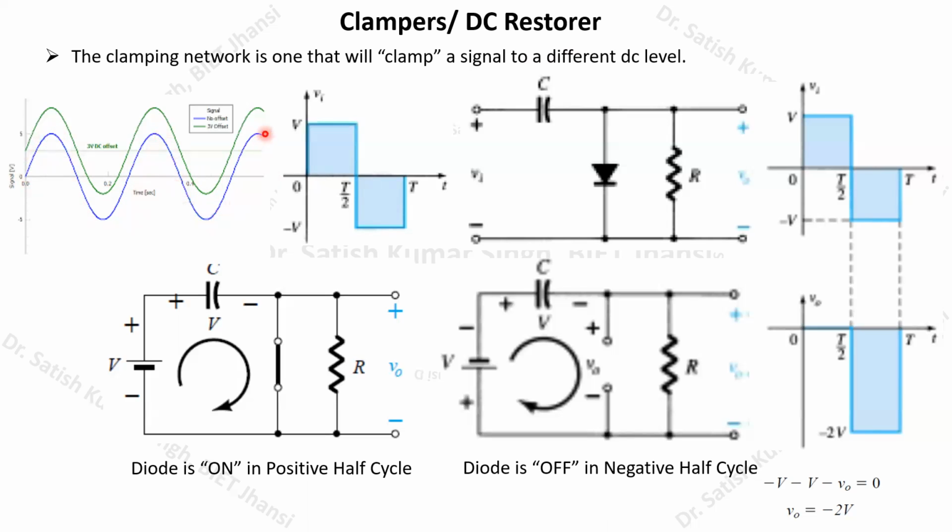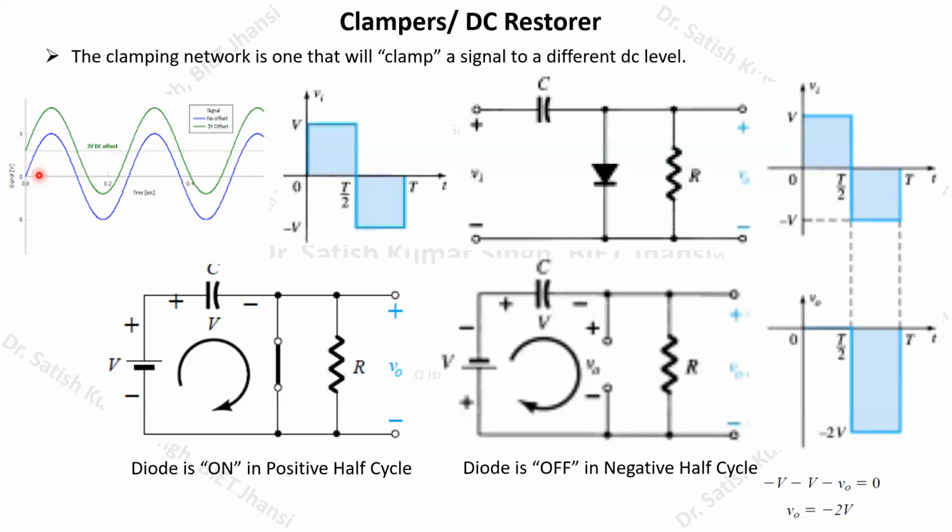Suppose you add a positive DC value to this waveform. Then obviously this waveform will get upshifted. Whatever the values are, they are going to be added with a certain positive voltage. Let us suppose we add 3 volt of DC.